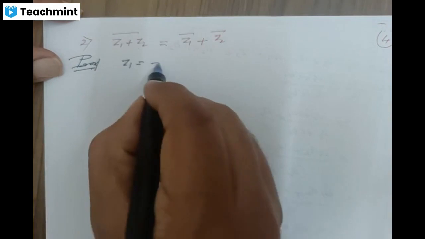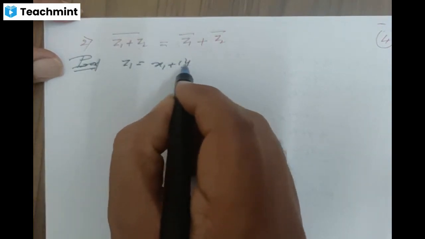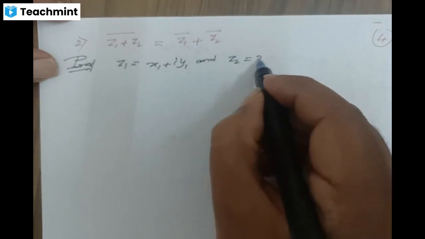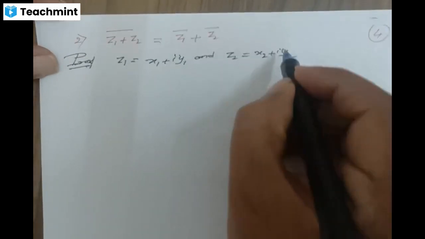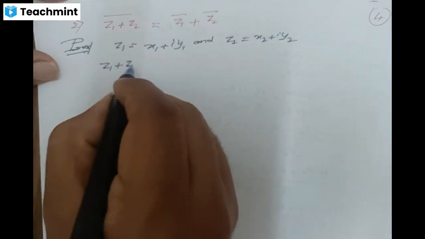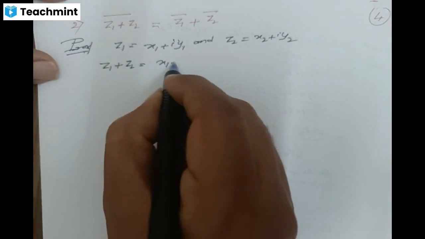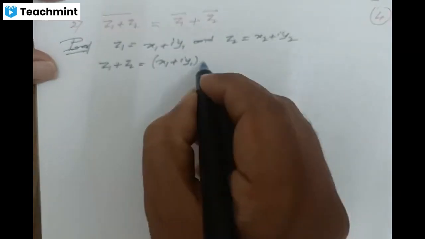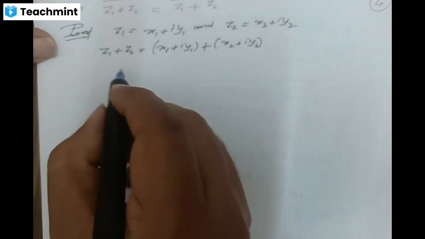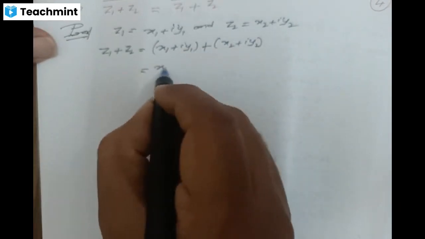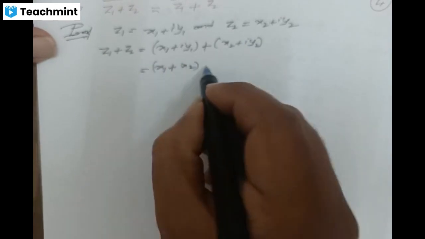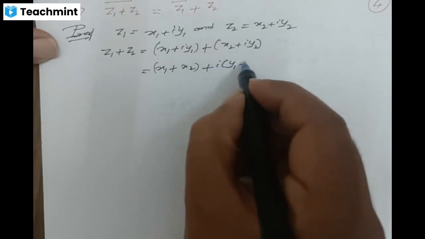In the proof, first we consider z1 is equal to x1 plus iy1 and z2 is equal to x2 plus i into y2. So immediately we can find z1 plus z2. Z1 plus z2 means x1 plus iy1 plus x2 plus i into y2, which is equal to x1 plus x2 plus i into y1 plus y2.